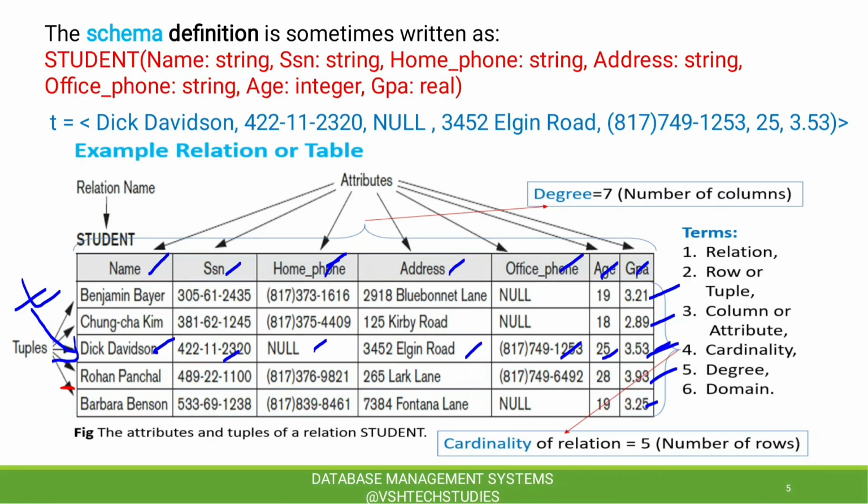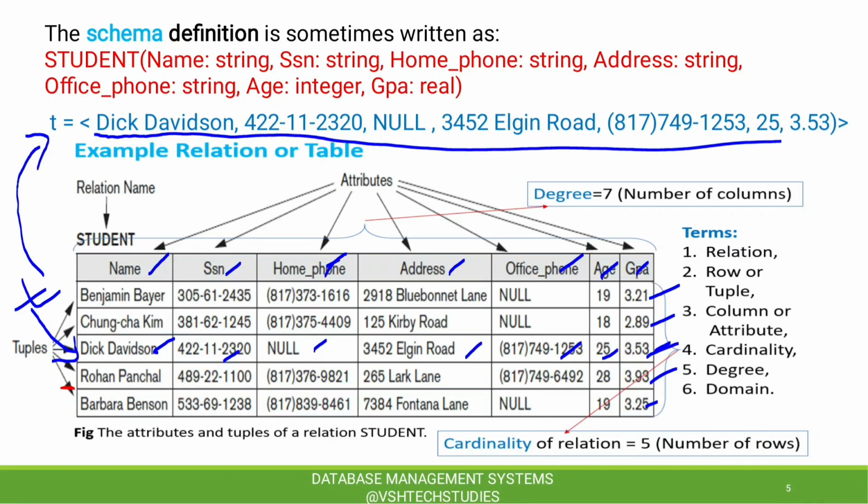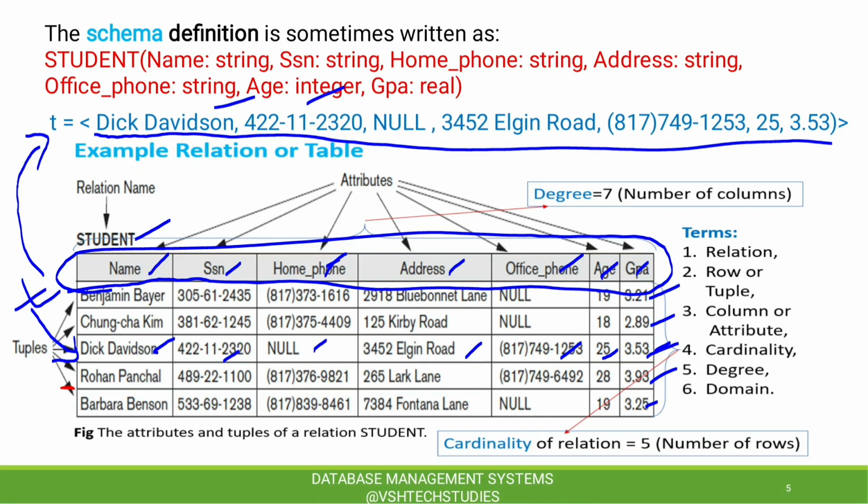Okay. So this tuple can be represented as follows, where all the values are written as a collection here. This is an ordered list of values for the attributes, because these values are written in the same order as the attributes present in the student relation or the student schema. We cannot interchange them. This cannot be written here because that place represents the name attribute, so only the name attribute value must be written here.